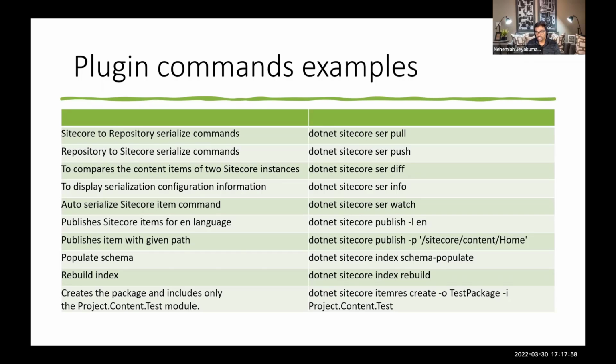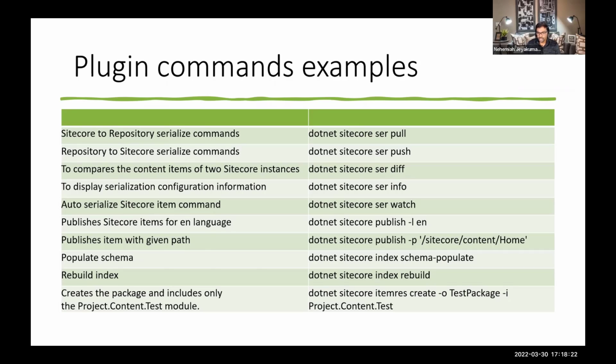One thing I want to stress here is that the publish plugin has a limitation where you cannot publish with sub items. Basically, if you provide the path and say, okay, I want to publish only the home item, then only the home item will be published. There is no way for us to publish sub items. So that's a limitation.